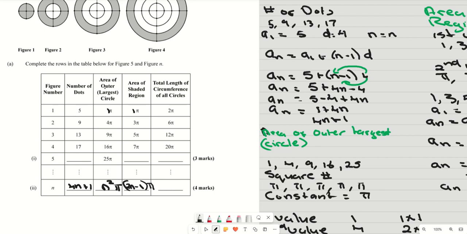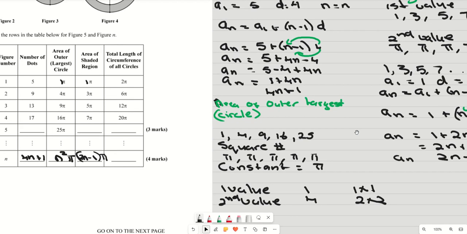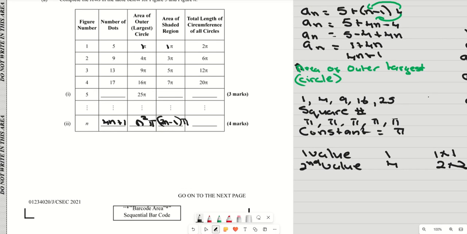So we can clearly see, right? Let me write this down here in green, that your total circumference, total length of circumference of all circles, right?